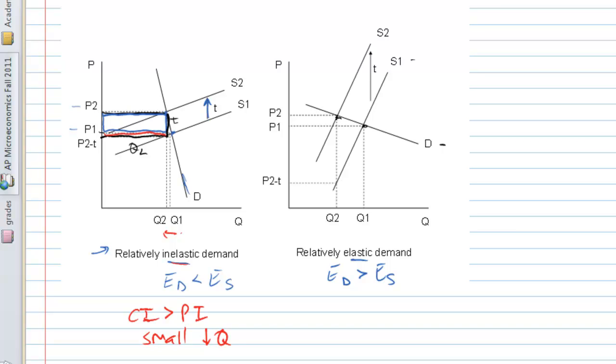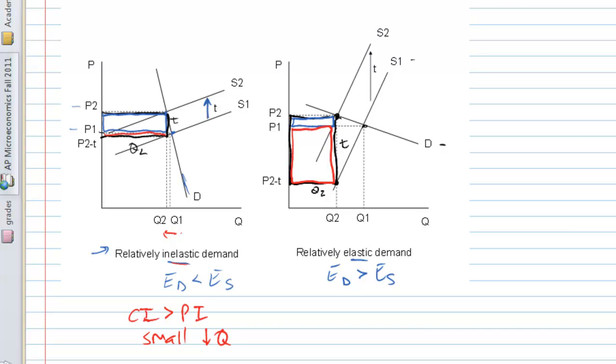And to find the government revenue box, we go from our second equilibrium point, drop down to the original supply curve, and then extend that. So there's our government revenue. It's T, and that's Q2. Use the same colors. Our consumer incidence is everything above the old price, and our producer incidence is everything below the old price.